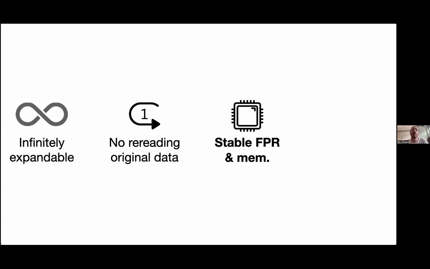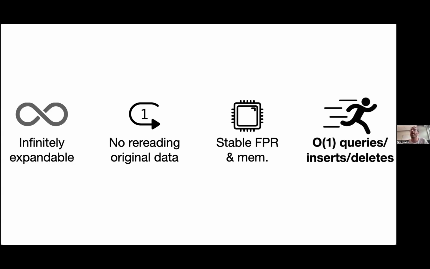And actually, they achieve the optimal false positive rate versus memory trade-off according to well-known lower bounds. If you're using AliFilter, you can also do constant time queries, insertions, and deletes. So you're fully dynamic, and you're fully dynamic in constant time.